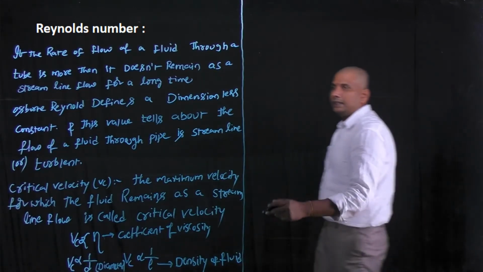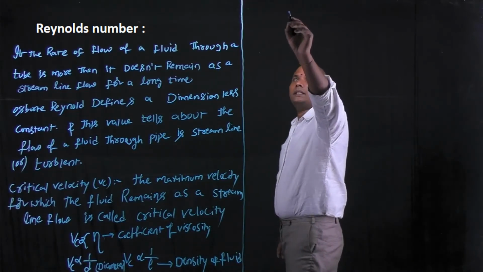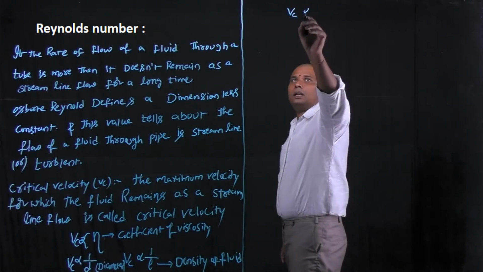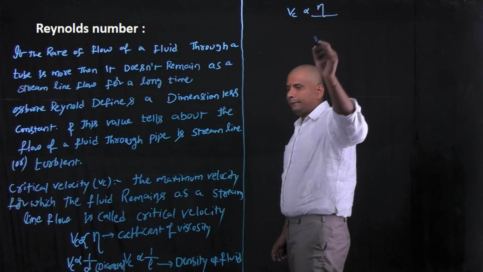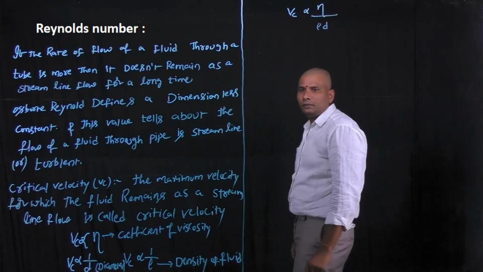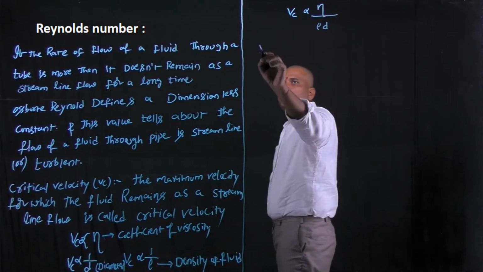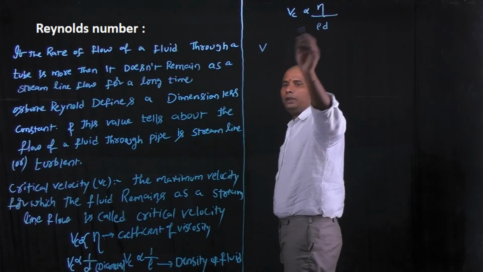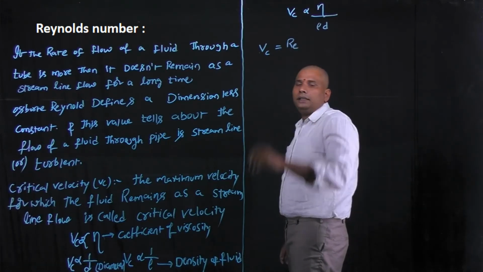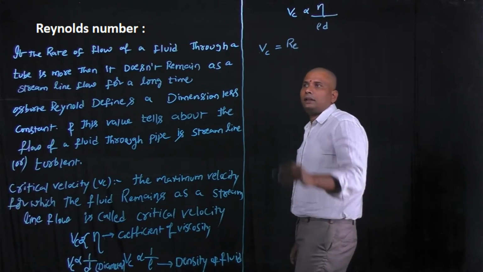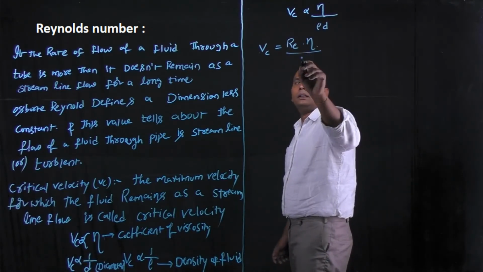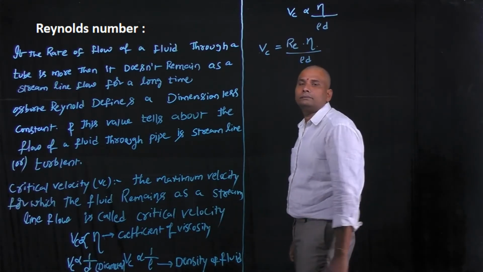By combining these three, we can simply write that critical velocity is proportional to eta by rho d. By removing the proportionality constant, there is a constant term called the Reynolds number, Re, into eta by rho into d.